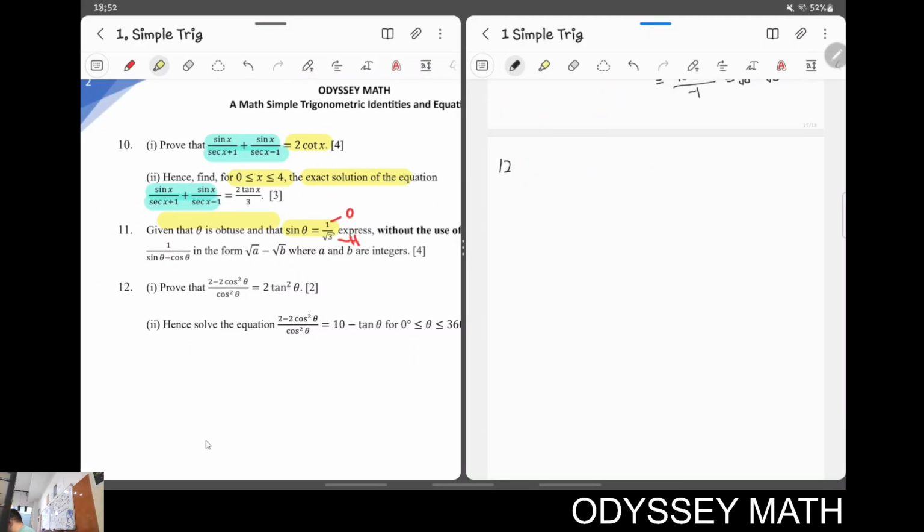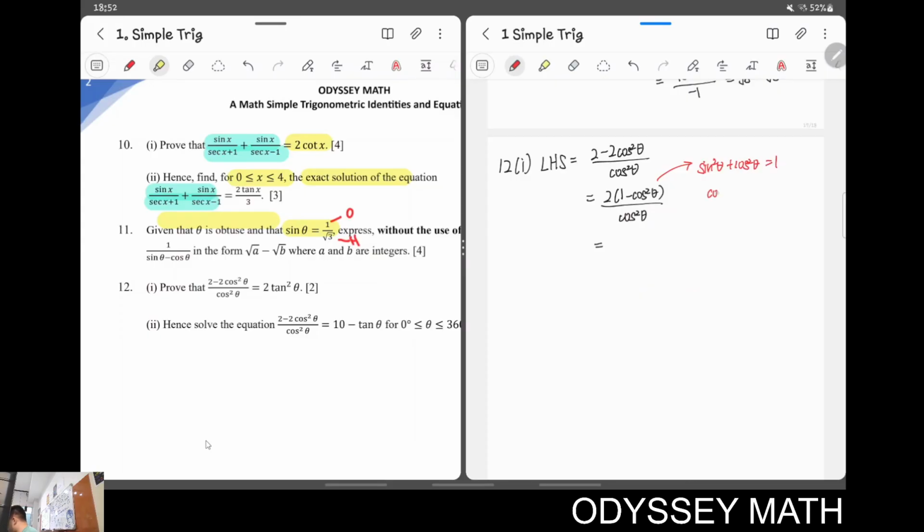Question number 12, part 1. Prove that 2 minus 2 cosine squared theta over cosine squared theta equals 2 tangent squared theta. So again, start from the complicated side, LHS, left hand side: 2 minus 2 cosine squared theta over cosine squared theta. We just do what we can. So we take out 2 from the numerator. So we have 2 bracket 1 minus cosine squared theta over cosine squared theta. Then we make use of this trigo formula here: sine squared theta plus cosine squared theta equals 1.